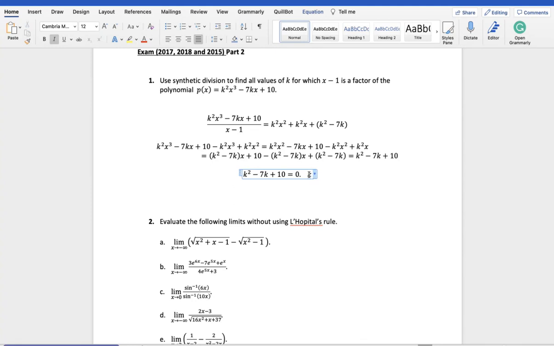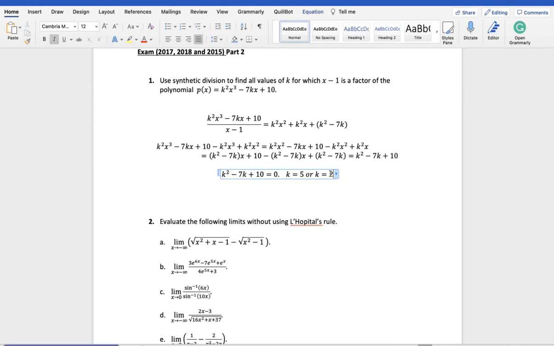I want you to give me the two values of k that you get. 5 and 2. So k is equal to 5, or k is equal to 2.